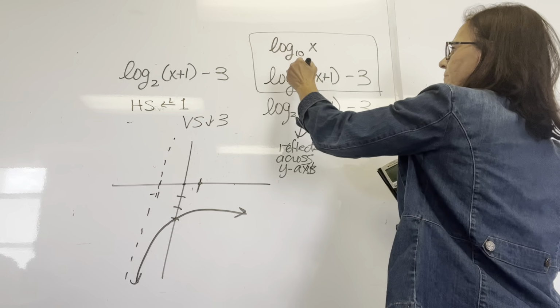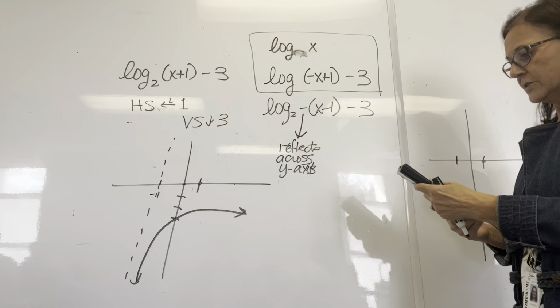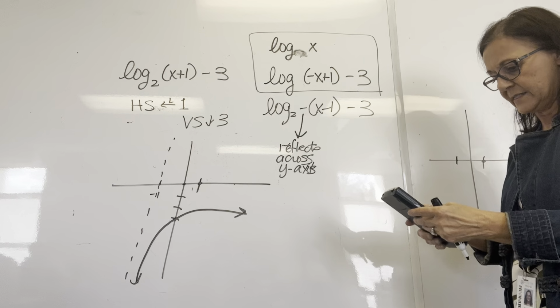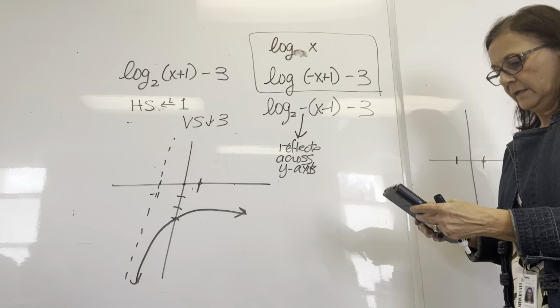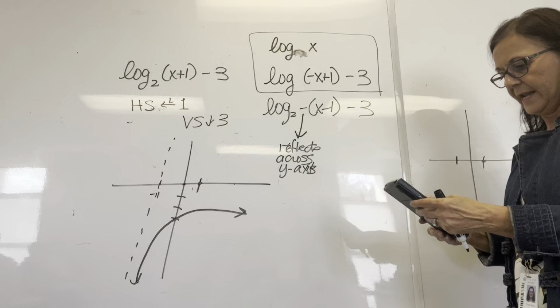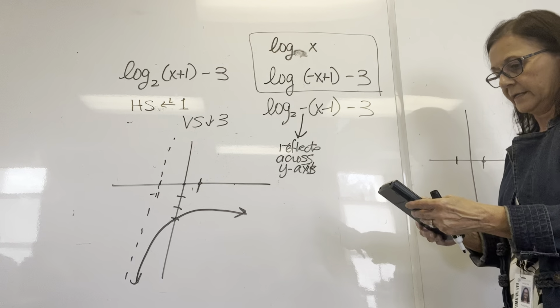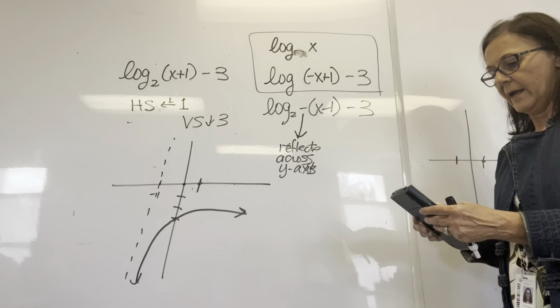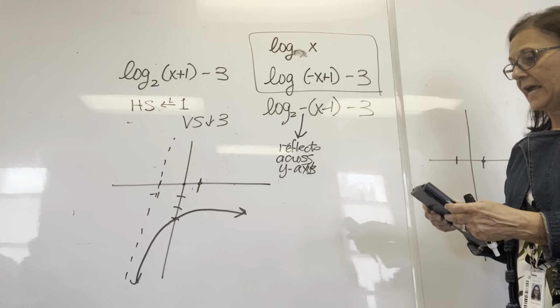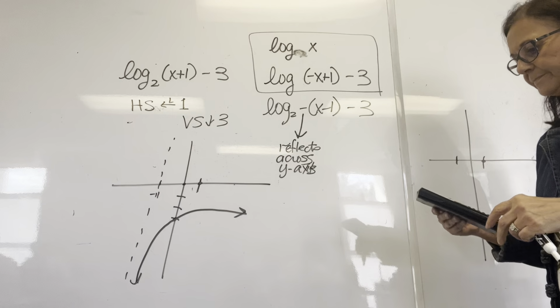It doesn't matter. So just graph the log of x, close that parentheses. Then graph the log of negative x plus 1, close it, minus 3, in y2. It's easier.